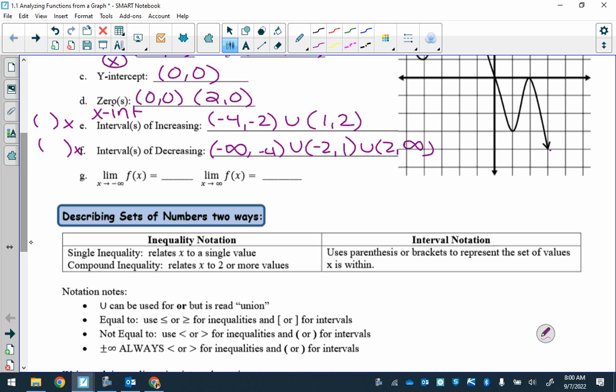When x is equal to negative infinity, what is your y value? Excellent. And what is it? Good. And the other one? When x is positive, y is negative. Excellent. Okay. We're going to get more in detail with this, but this is called end behavior. That's where the graph is heading. Okay, the end behavior.